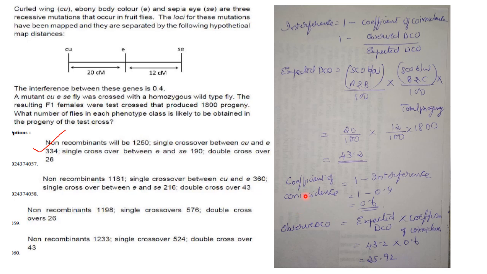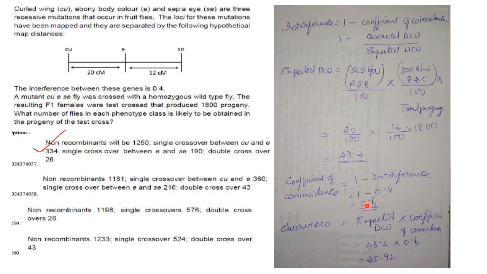Now, coefficient of coincidence we know is equal to 1 minus interference.